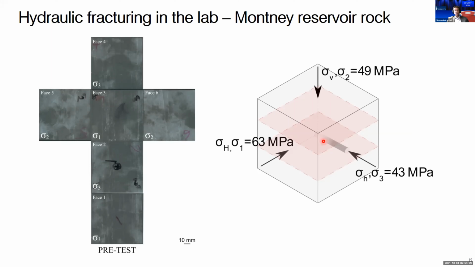The injection is mimicked along the sigma 3 direction, which will be the horizontal.